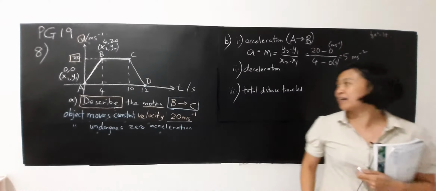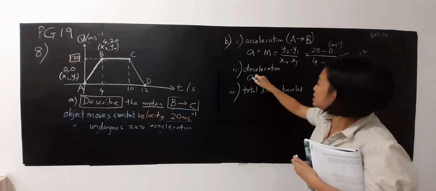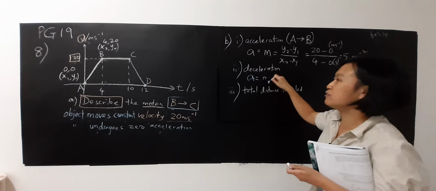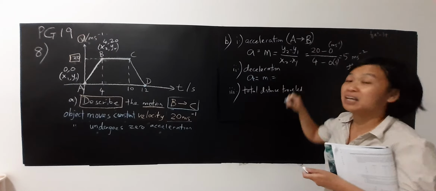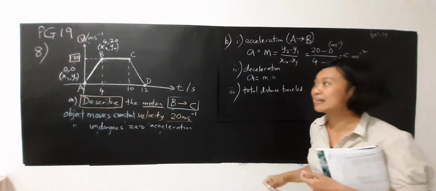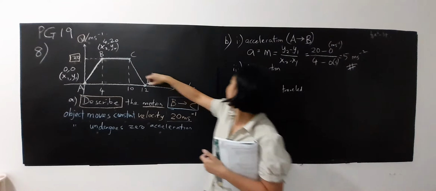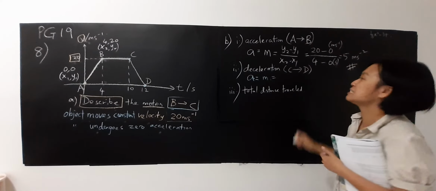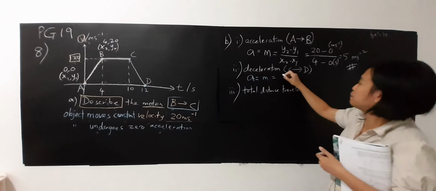Okay. So if you look at here how you're going to find the value of A here. Okay, so same thing. It's actually equals to gradient for your graph lah. Gradient. So how you're going to find gradient for part CD? Remember part CD in this case, how you're going to find gradient? Same thing.